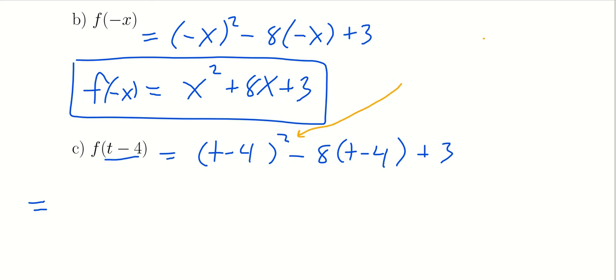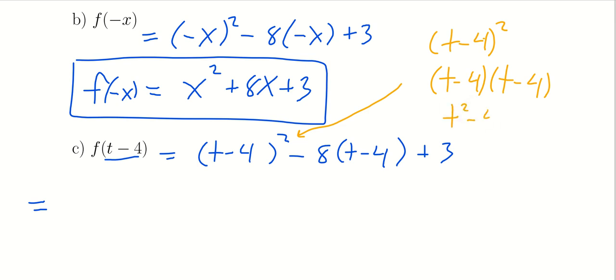When we have something like the expression t minus 4 squared, that's a binomial squared. That means to do t minus 4 times t minus 4. And to do that, we have to use the distributive property. Some of you might also recognize this as being FOIL. T times t is t squared.